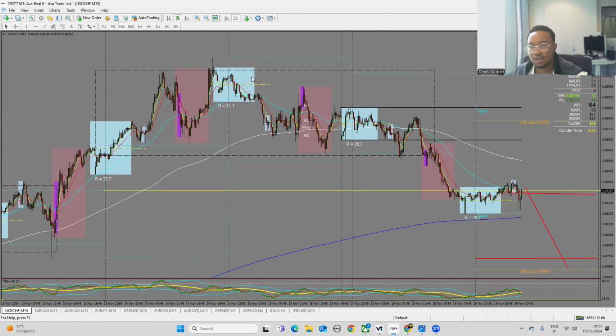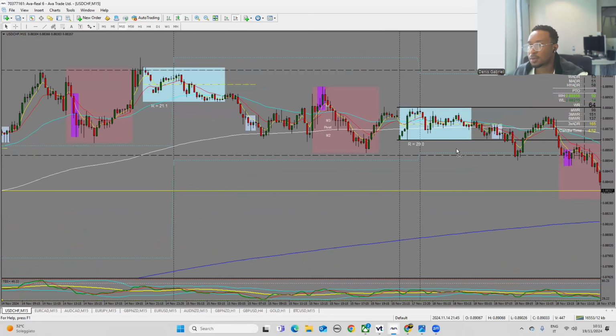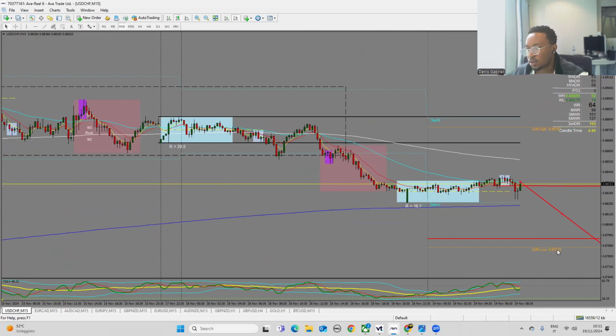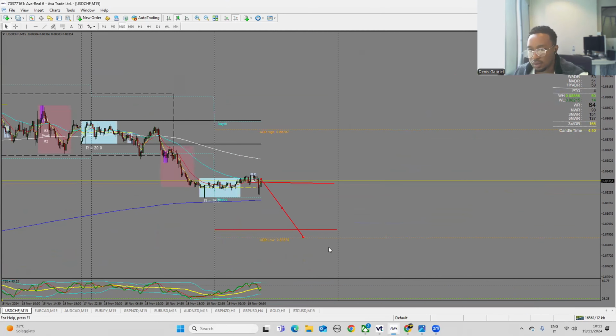So when it comes to this setup, we could enter a sell here, and our stop loss goes above this here.